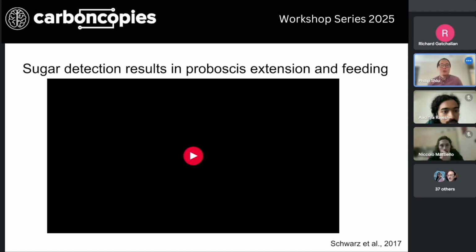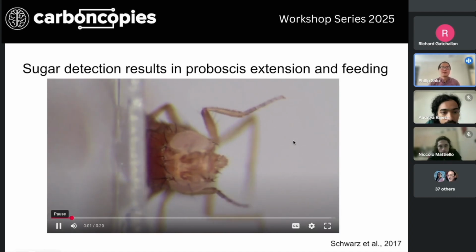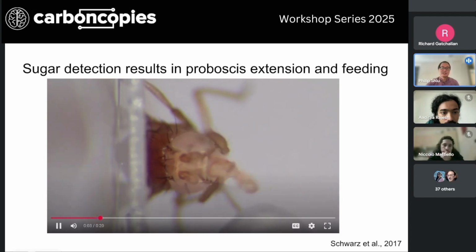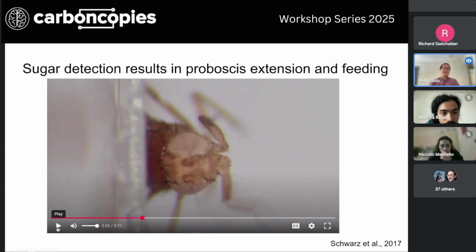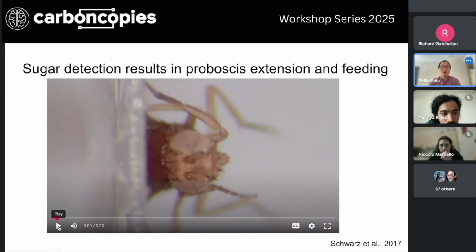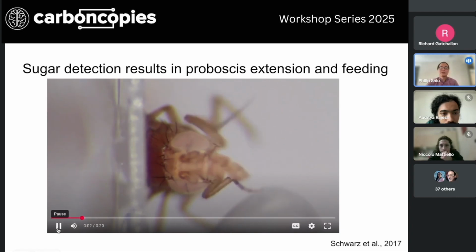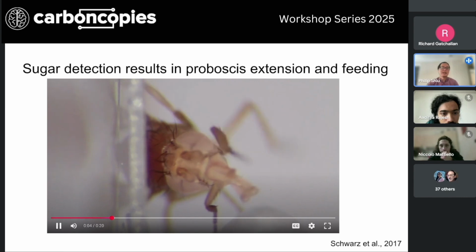So we focused on a particular behavior called proboscis extension. Flies have taste receptors on both their legs and the proboscis, and if you present sugar to a hungry fly, if you touch either the proboscis or the legs, the fly will extend its proboscis and eat.